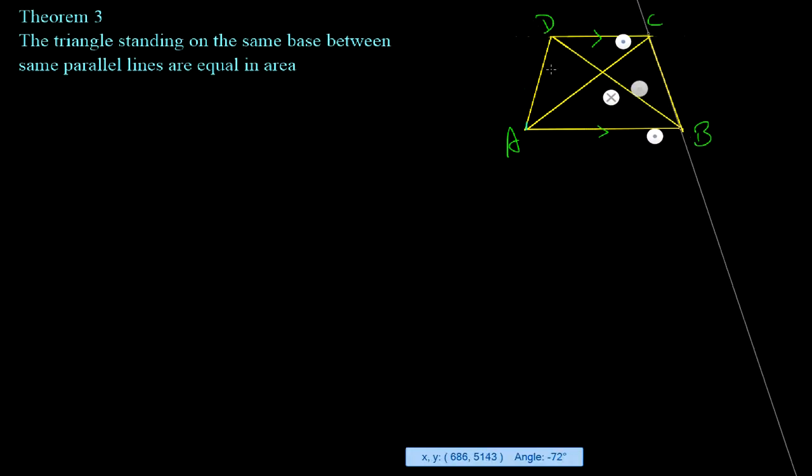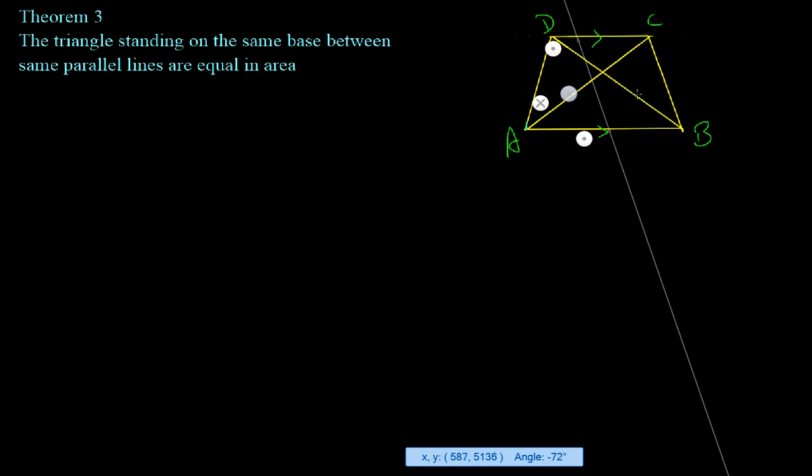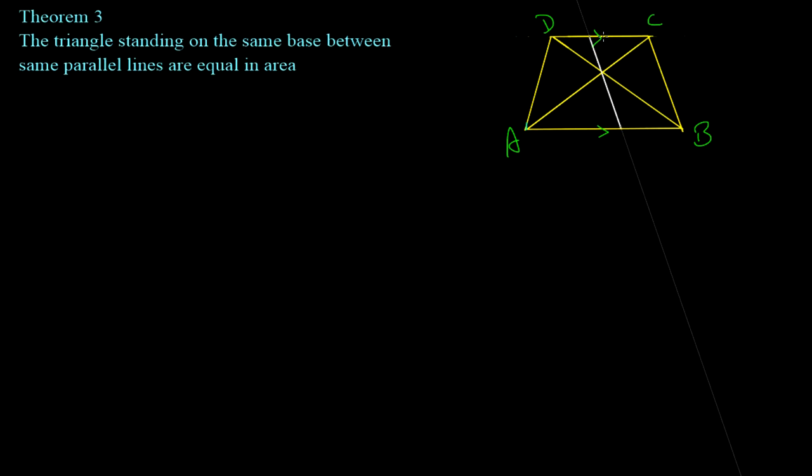So if I draw this parallel to the side BC, there we go, we have a parallelogram. ABCD, maybe here E and here F. Okay, so we have a parallelogram BCEF.